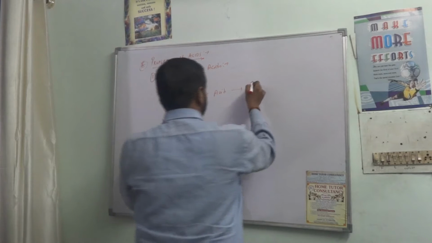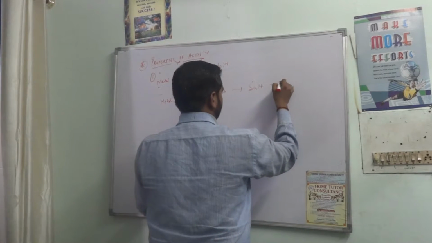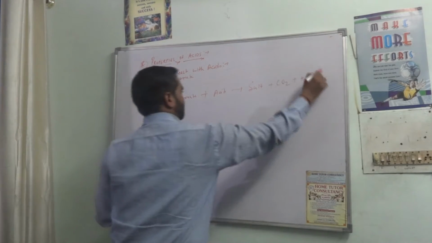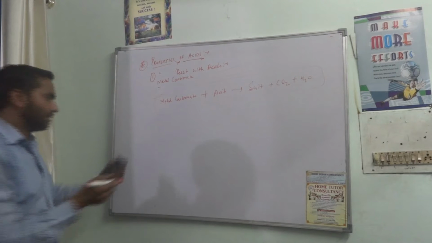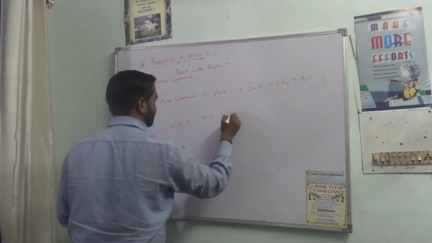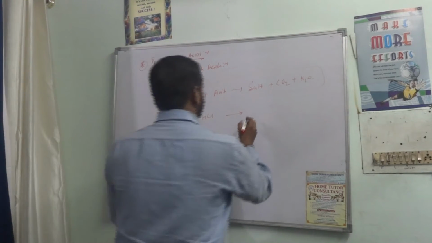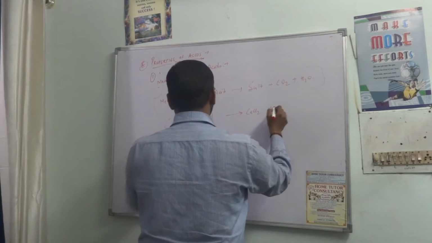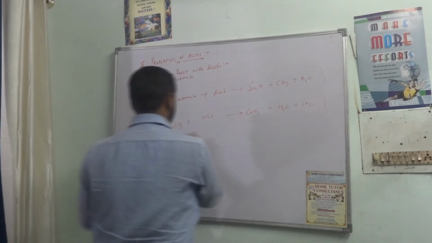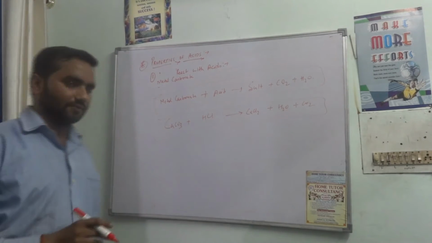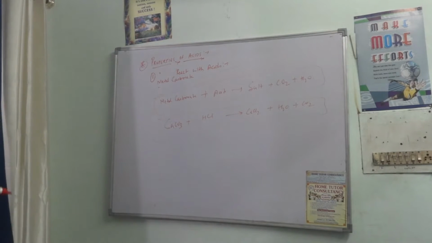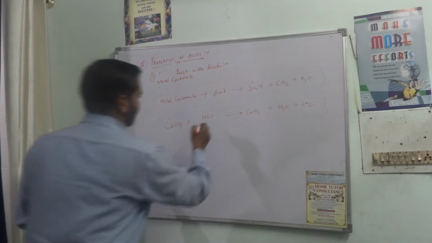They form salt plus carbon dioxide plus water as a byproduct. This is the equation. If I take an example of calcium carbonate reacting with HCl, they form calcium chloride with water and carbon dioxide. This is the final product when we add a metal carbonate to dilute acid.